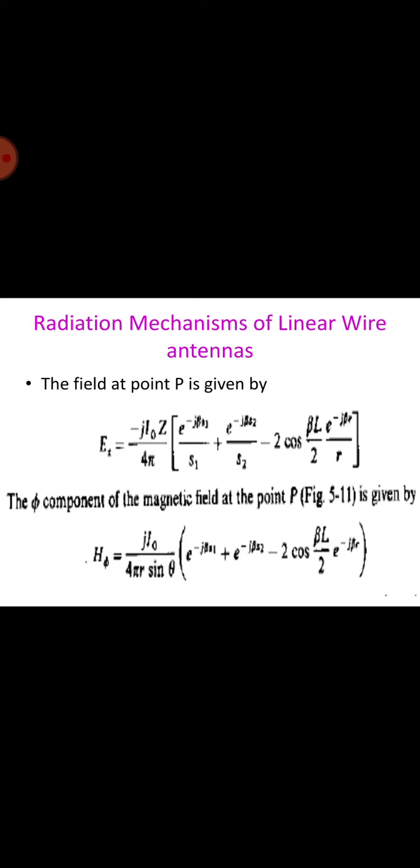These equations apply without any distance restrictions. So these equations for the center-fed dipole say that the field at the point P is made up of three field components, one from each end of the dipole and one from the center.